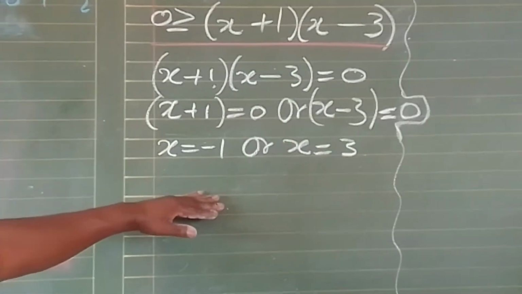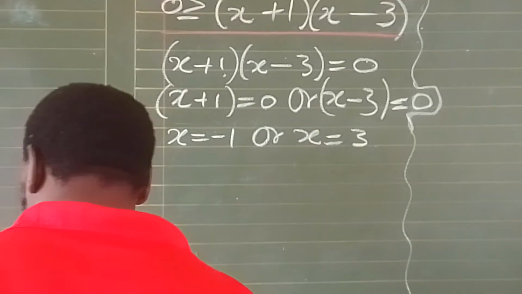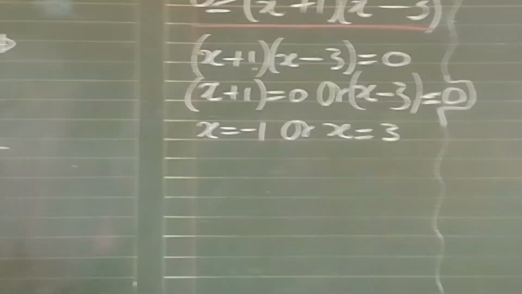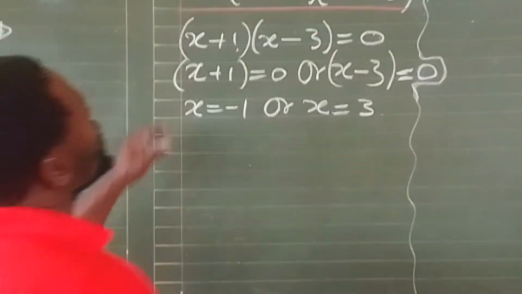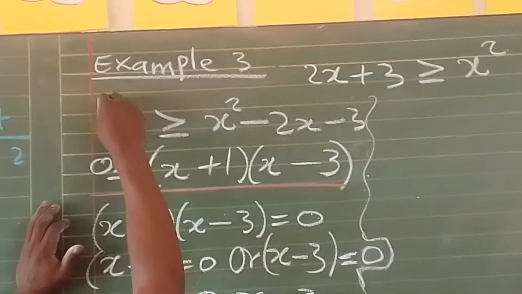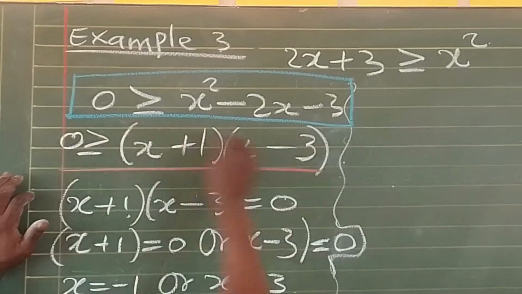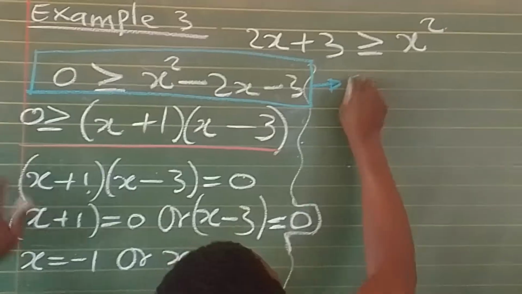Then go to your number line system. Remember, what is your condition? Let's circle our condition. This will be our condition.